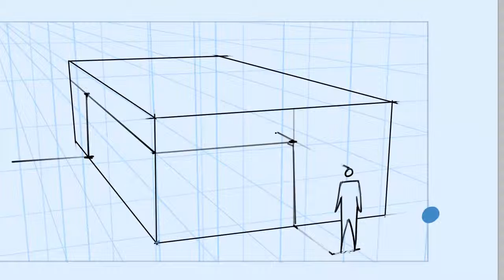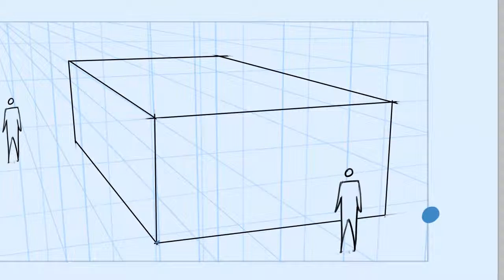Do the same with the top of the 6 feet. And that right there would be a person. So let's copy this guy over and see if it looks right. That looks about right.